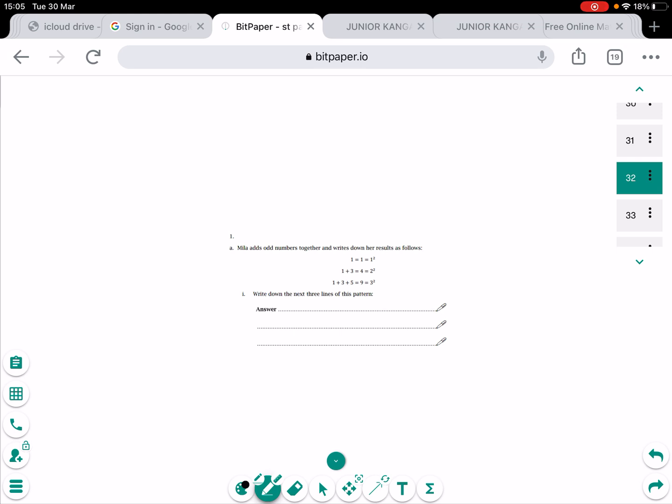So it's like 1 plus 3, 1 plus 3 plus 5. So we need the first 4 odd numbers: 1 plus 3 plus 5 plus 7, which equals 16, equals 4 squared. Then the first 5: 1 plus 3 plus 5 plus 7 plus 9 equals 25, equals 5 squared.